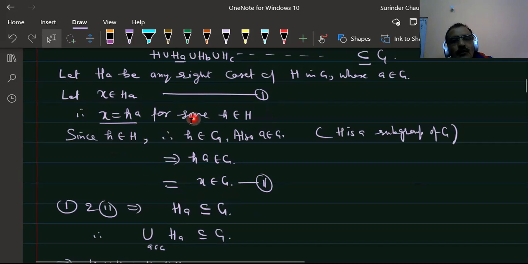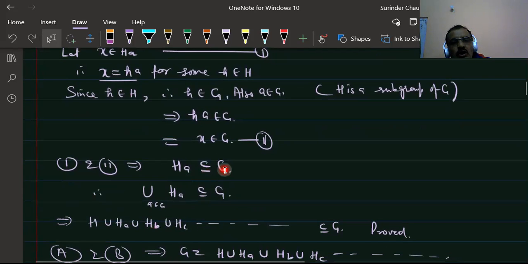Now, if we take this x to be any arbitrary element, and take different values of h from here, we'll get different x. So for h equal to e, a, b, c, and so on and so forth, this implies their union.